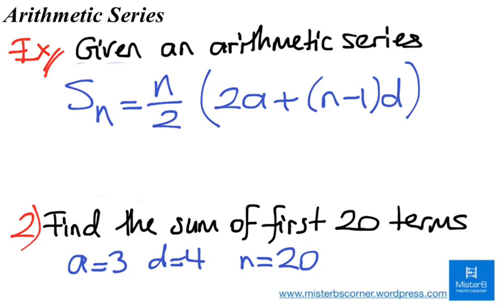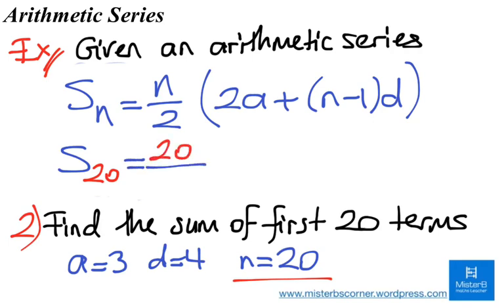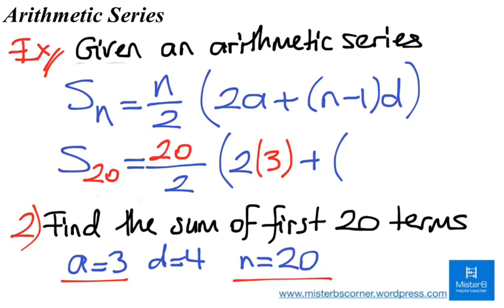I'm going to write down S sub 20, because n is 20, equals, again I do substitution, 20 divided by 2, times 2 times the first term, which is 3, plus n minus 1, so 20 minus 1, times the common difference, which is 4.